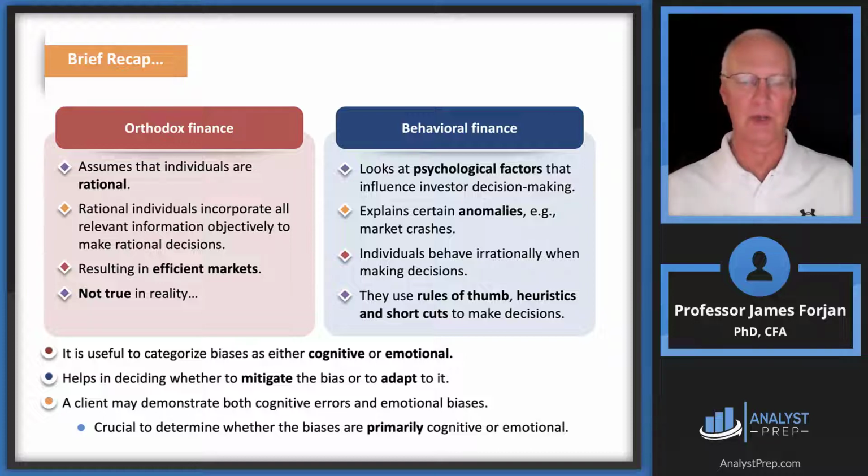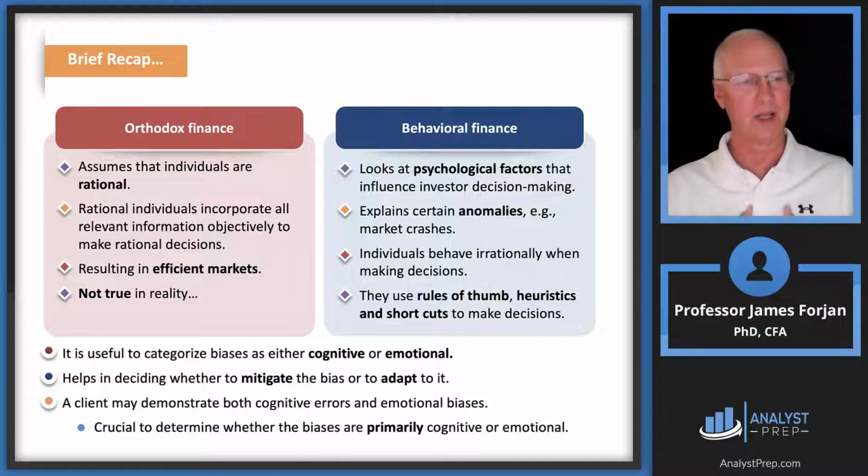Now, what we need to do in crafting the policy statement as good financial analysts is to, A, recognize these biases, and then educate the client on the consequences of having these biases. Hopefully then, in a perfect world, the client will say something like, "Oh, I made a mistake of the heart and I'm not going to ever do that again."